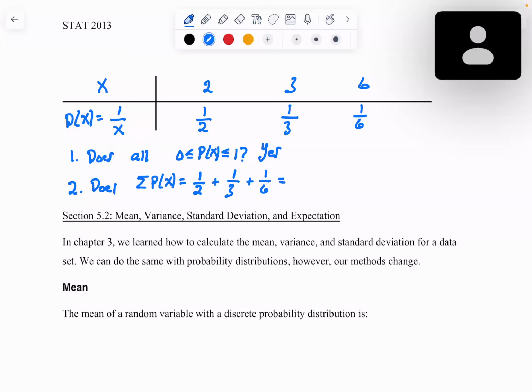So 1/2 as a fraction over 6 is 3/6. Then a third is 2/6. And then we have 1/6 here. If I add these probabilities together, 3/6 plus 2/6 plus 1/6 is 6/6 or 1.